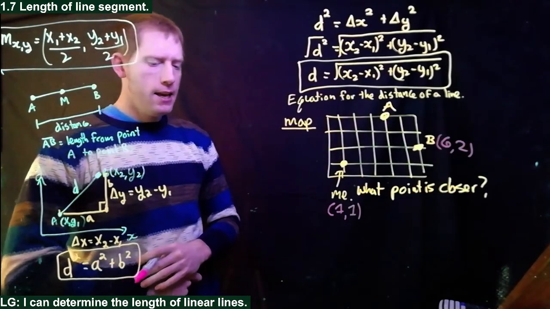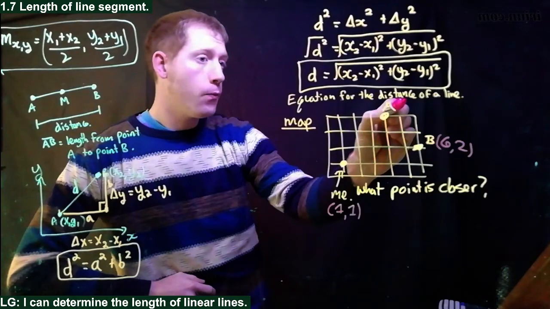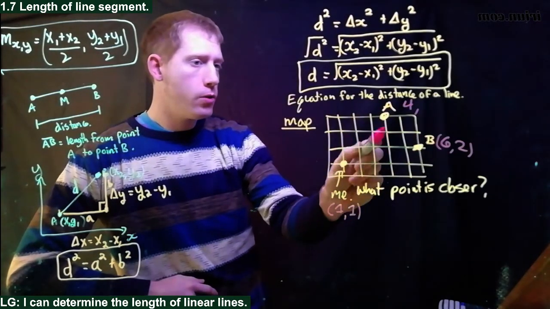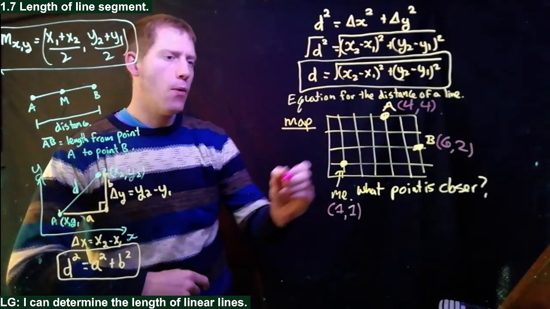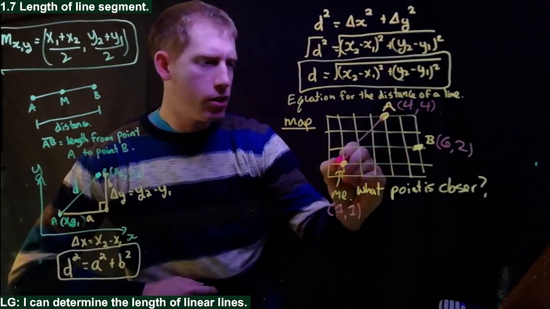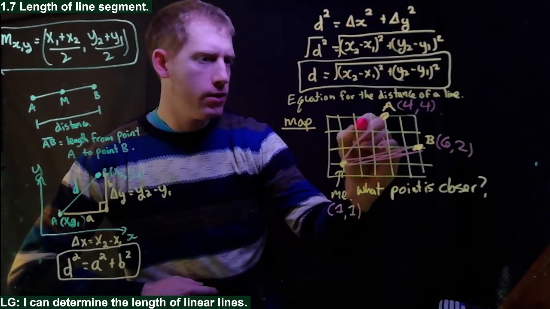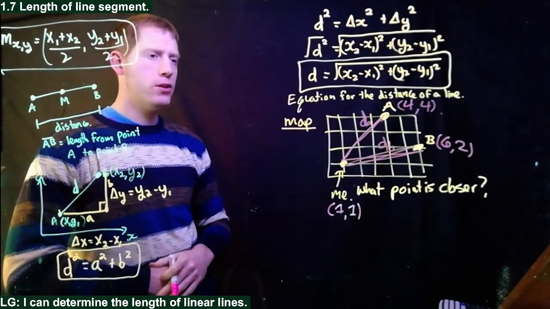And A is located at 4, 4. And I want to know which one has the shortest distance, let's say. Okay, we can find out these dA and dB. And we can use the equation to do that.